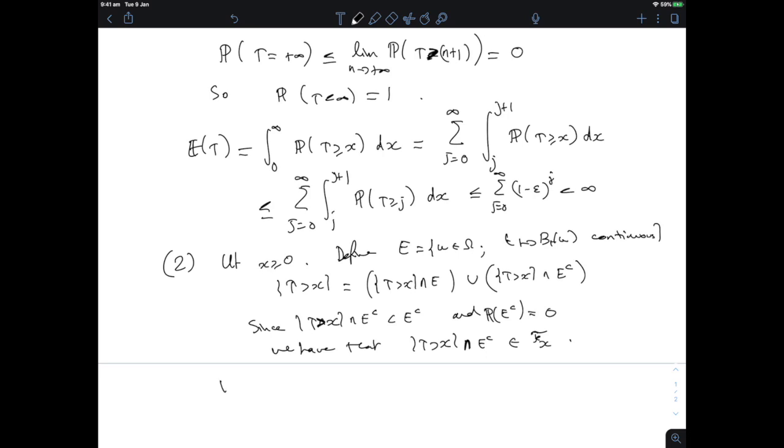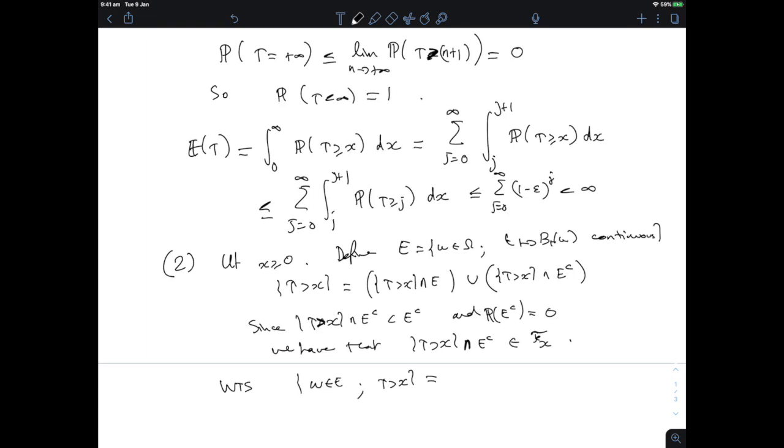So we only have to consider the set of all omegas in E for which tau is greater than x. Okay, but what is that? So if you haven't got out of the interval on a continuous trajectory before time x, it means you've stayed in the interval up to time x.